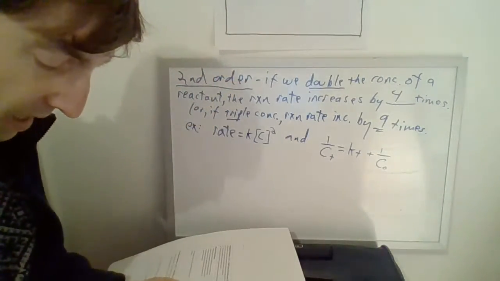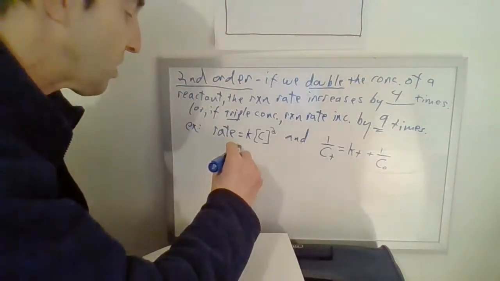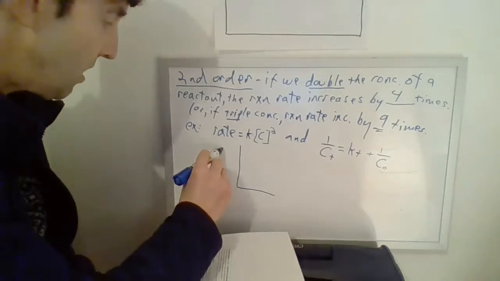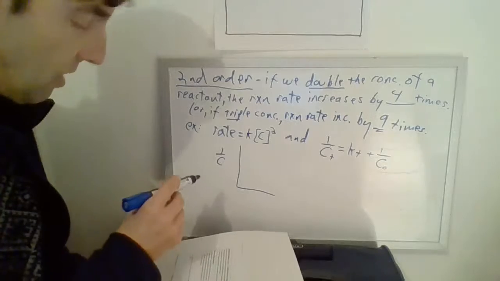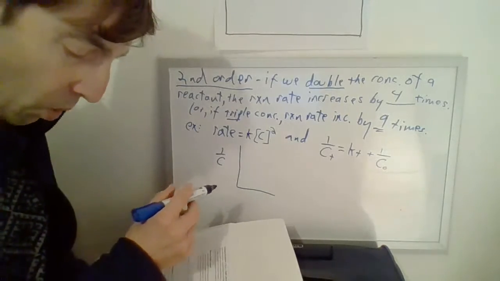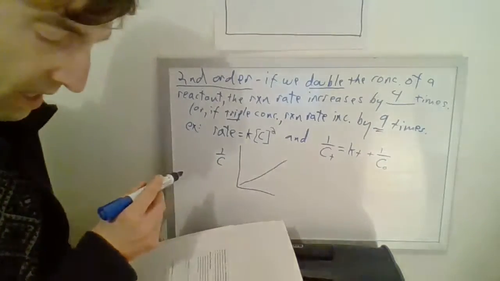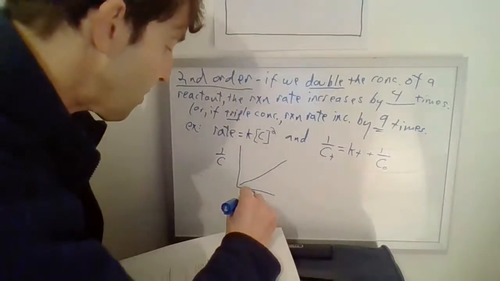And if you think about it, that's going to give you a graph that's linear too. If I graph 1 over C, and this time because it's 1 over that, it's going to be linear going up. And here I have time down here still.